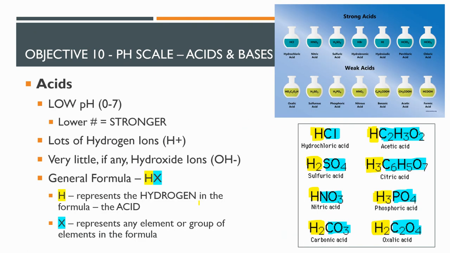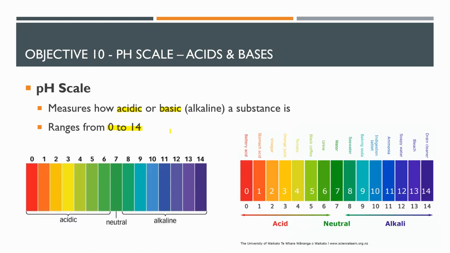And so let's first talk about acids. So as I showed you before, acids are going to be on the lower end. I don't know if it'll help you or not, but A comes before B in the alphabet. And so acids are going to be the lower numbers that come before the higher numbers on the pH scale. And so the lower the number, the stronger the acid. So just to kind of go back to that last slide.